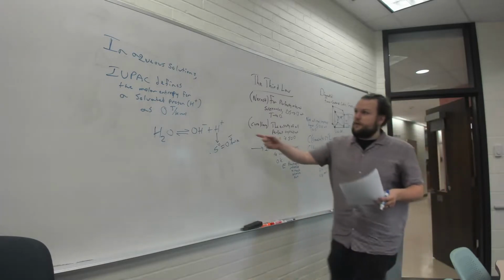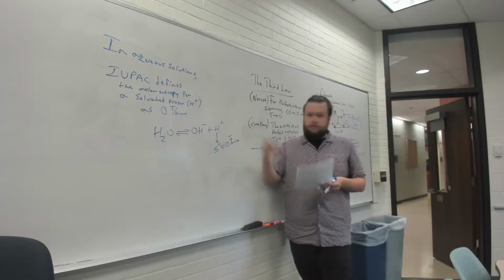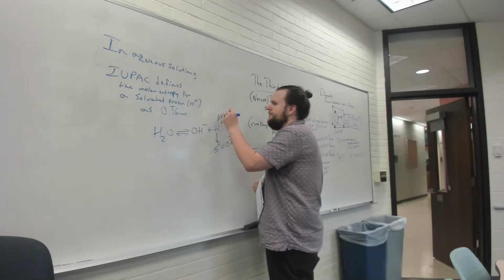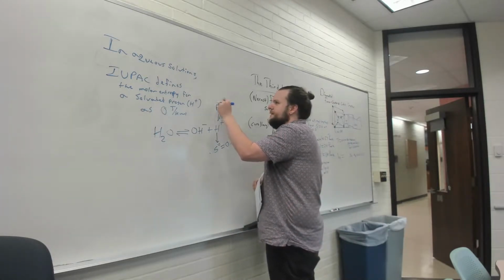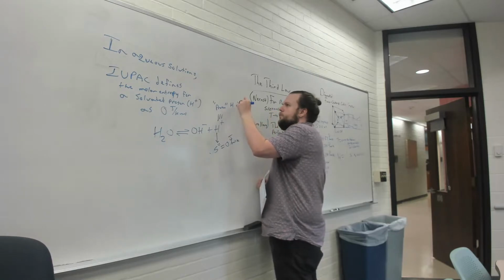So that's a really common definition for the 0 point. You reference everything relative to a proton, an acidic proton, or H plus. Remember, the reason I call this a proton, in case you forget, is that a hydrogen atom in its regular state is 1 electron, 1 proton.